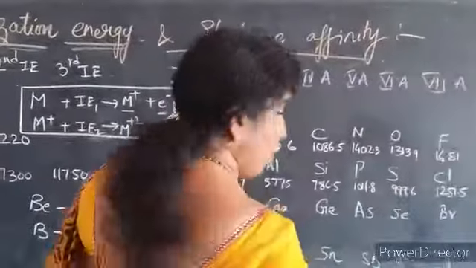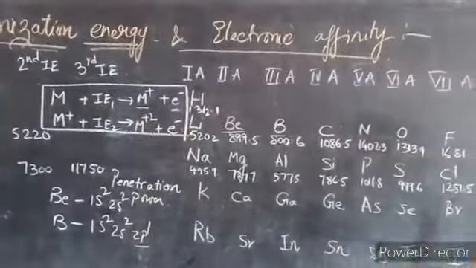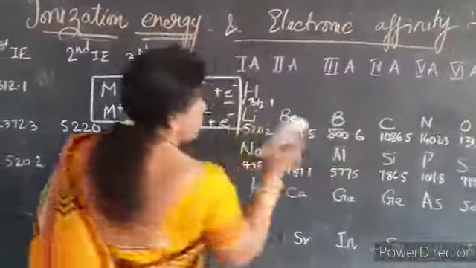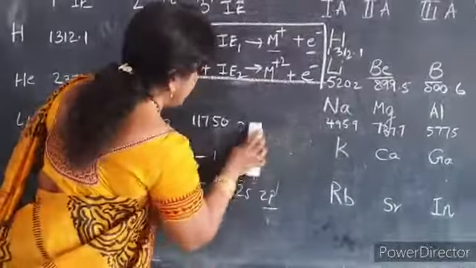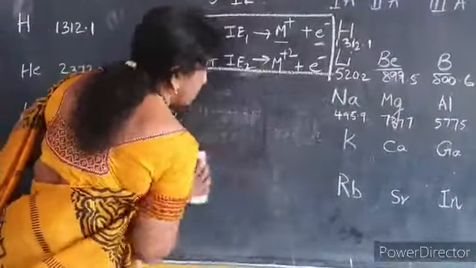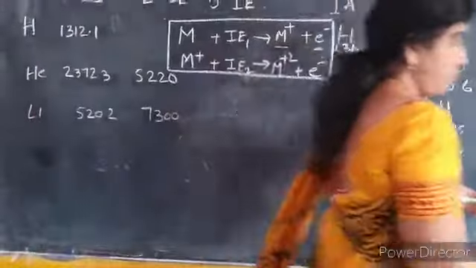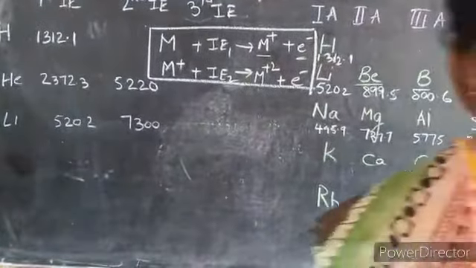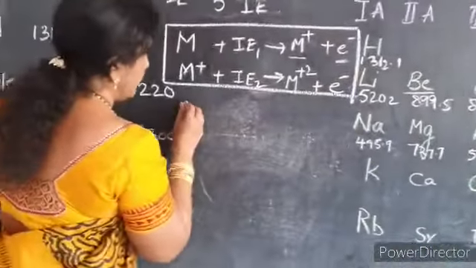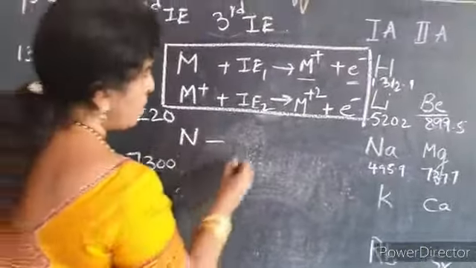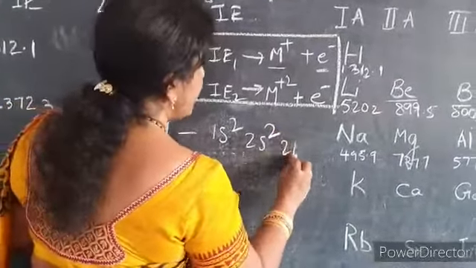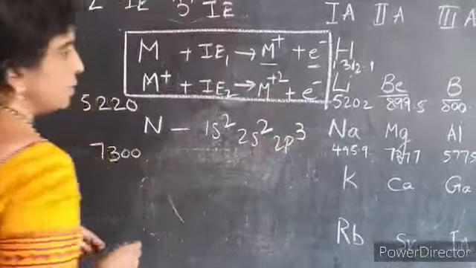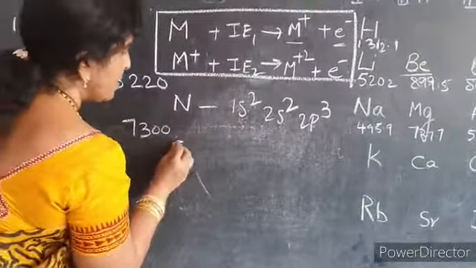So let us look at the configuration of nitrogen and oxygen. Nitrogen's configuration is 1s2, 2s2 and 2p3 because its atomic number is 7.